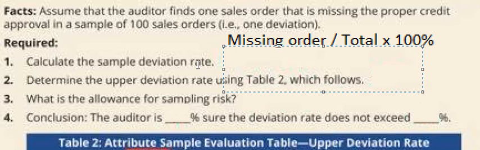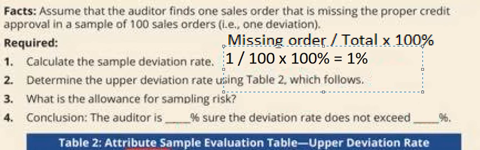So now we have missing only one sale in here. Divide by 100, multiply by 100%, and you get 1% in here.